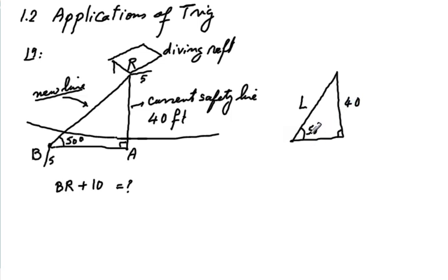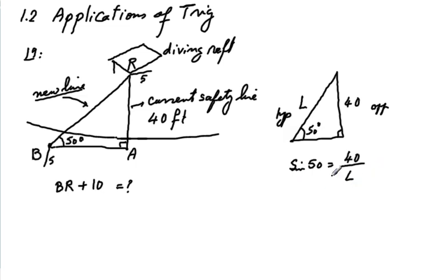Okay, so with respect to the angle of 50 degrees, this is going to be its opposite, is that right? And this is going to be playing the role of the hypotenuse. So what function connects the opposite to the hypotenuse? We have sine of 50 degrees is equal to opposite over hypotenuse.